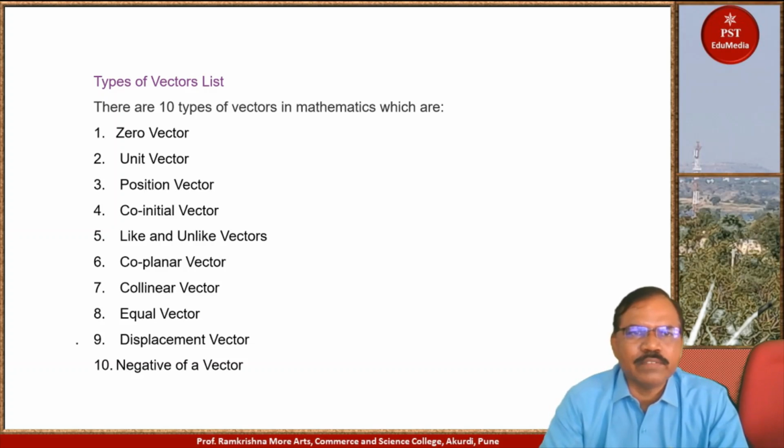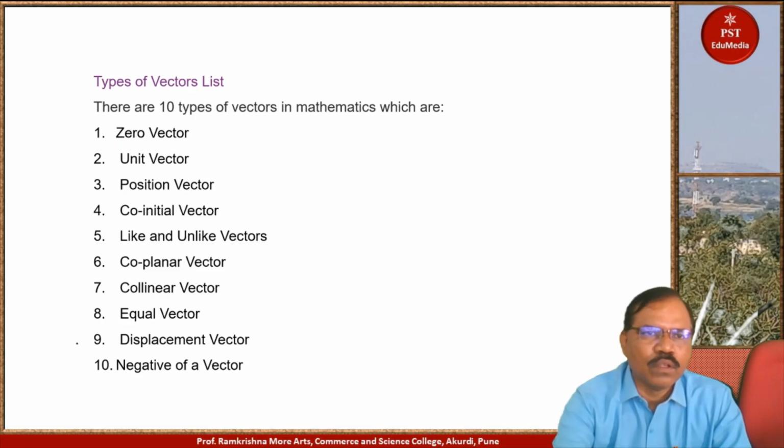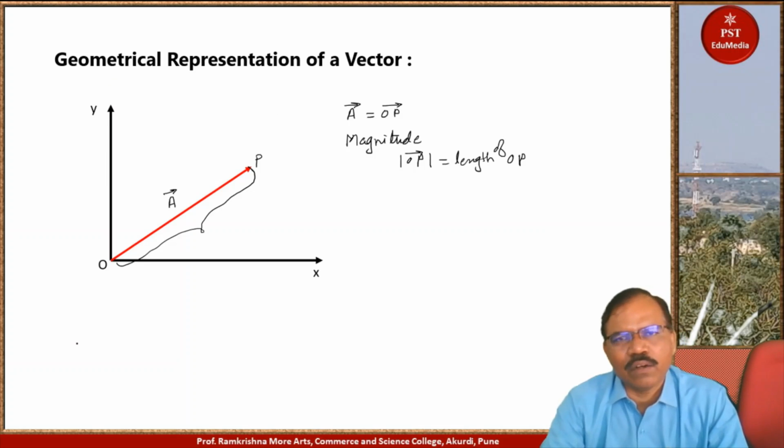Now the next one is the unit vector. What is a unit vector? We have seen vector OP or vector A and its magnitude, that is the length of the vector.